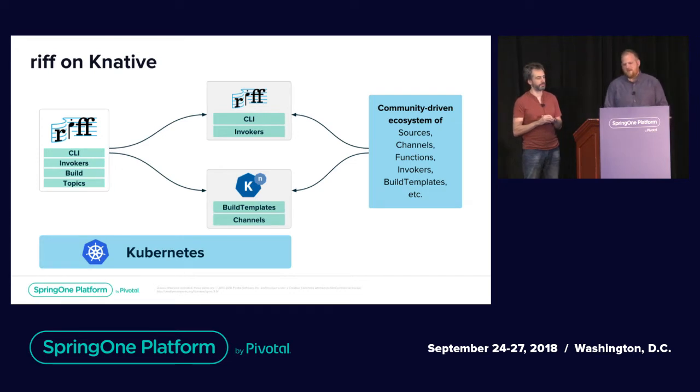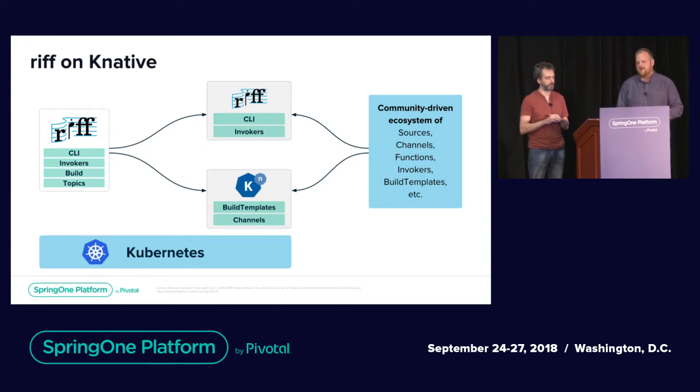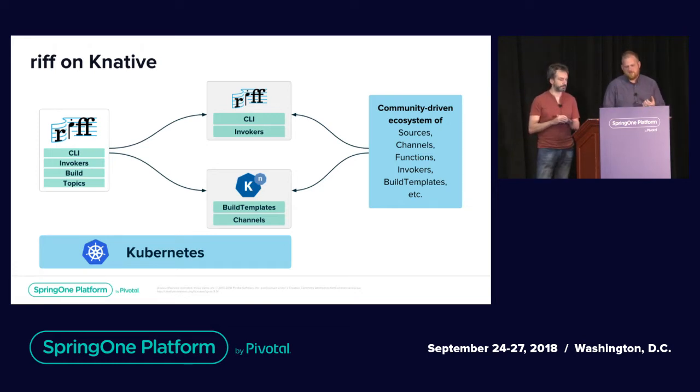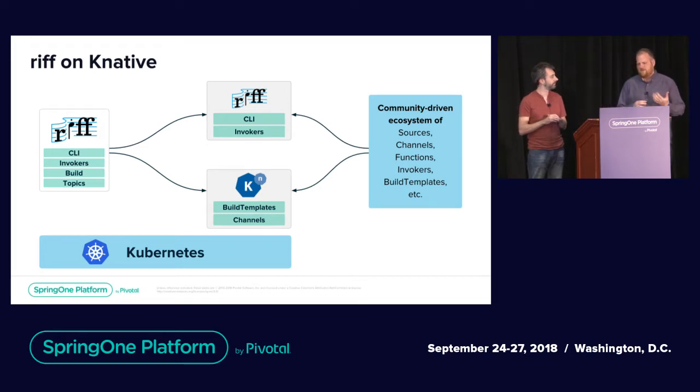What that means is that for Riff, we were able to increase our own value line by pushing a lot of the plumbing and internals down into Knative. And where Knative had gaps that we needed, we contributed a lot of work. For example, on the eventing layer, specifically the buses, channels, and subscriptions that we're going to show, between the two of us, we've contributed about 90% of the code.